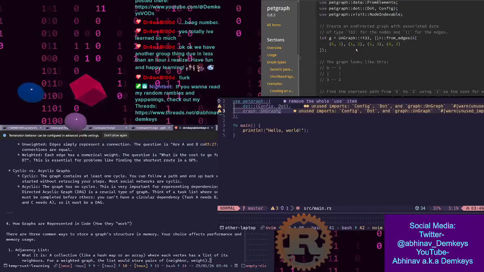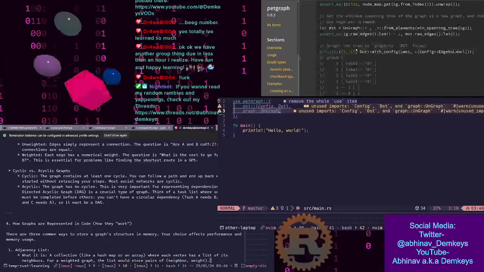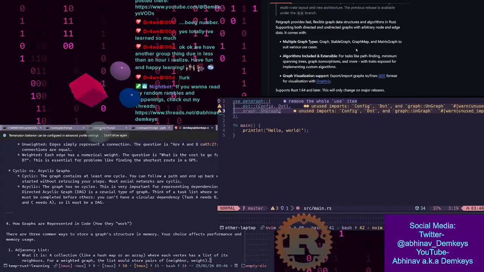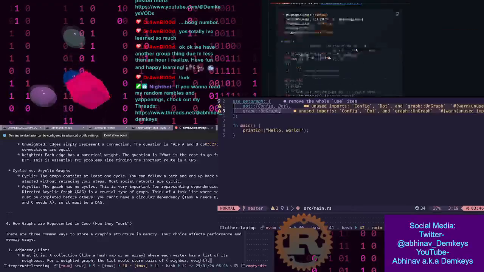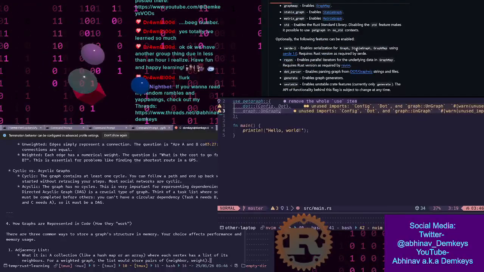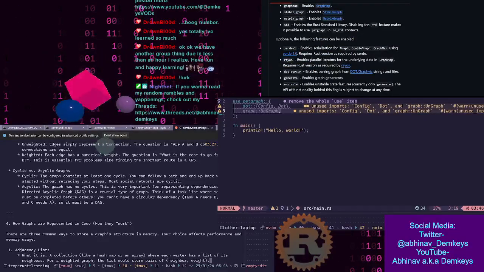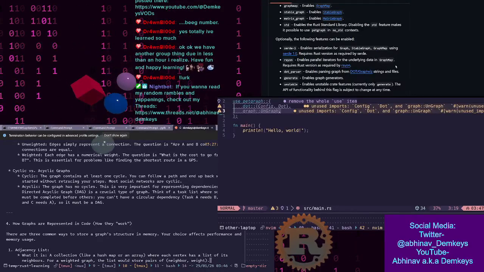So if you have computational operations that you want to parallelize, then you would use something like Rayon. Where was it? I think it was here. Yeah, here. Enable parallel iterators for the underlying data in graph map requires Rust version as required by Rayon. Okay, okay.